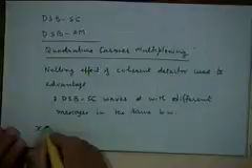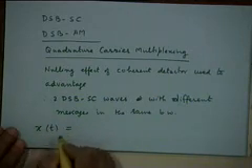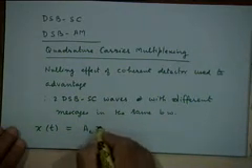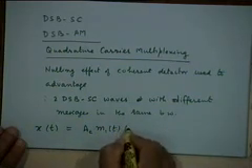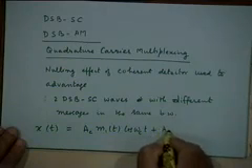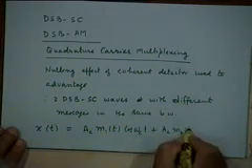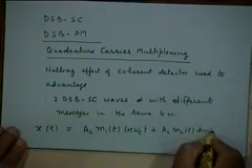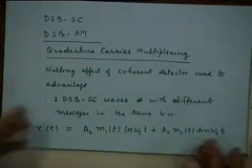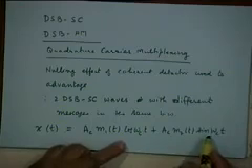So basically what we are saying is, suppose I use a modulated waveform x(t) equal to Ac m1(t) cosine omega ct plus Ac m2(t) sine omega ct. I am transmitting both of them together at the same carrier frequency.